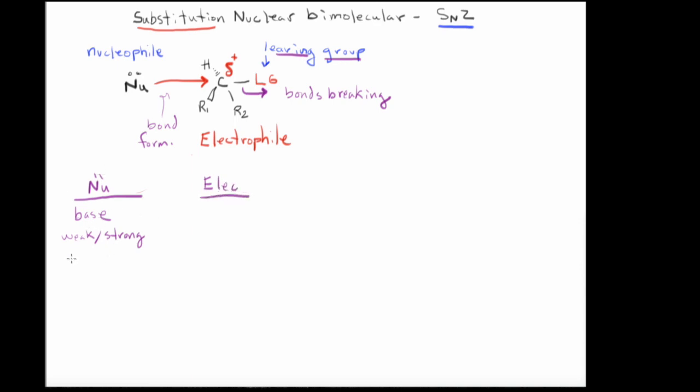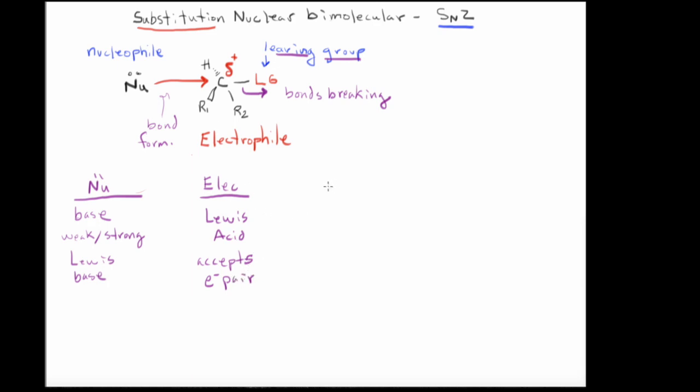Coming back to the nucleophile, this is also a Lewis base, so it has an electron pair to form a bond. The electrophile is going to be a Lewis acid, so it accepts an electron pair to form a bond.